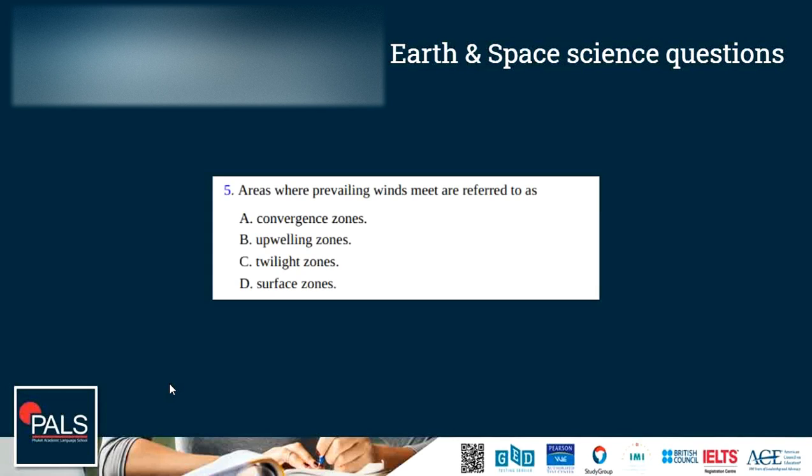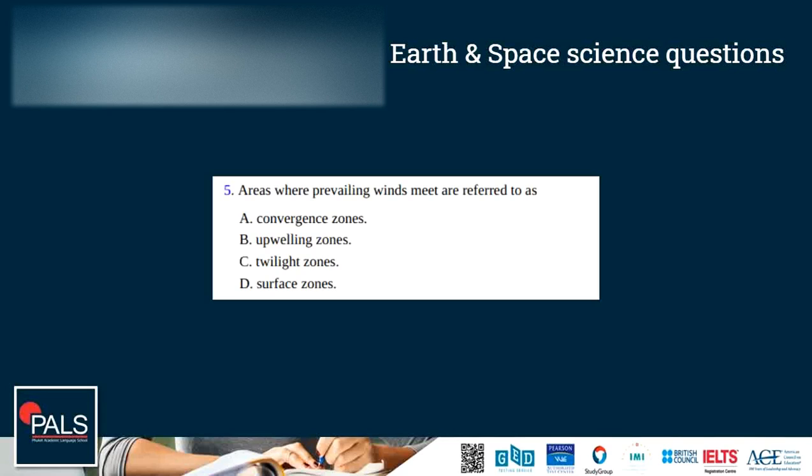Okay, areas where prevailing winds meet are referred to as convergence zones, upwelling zones, twilight zones, or surface zones. The correct answer here is A. Again, this is a question where in the actual GED exam you would probably get a little bit more information.